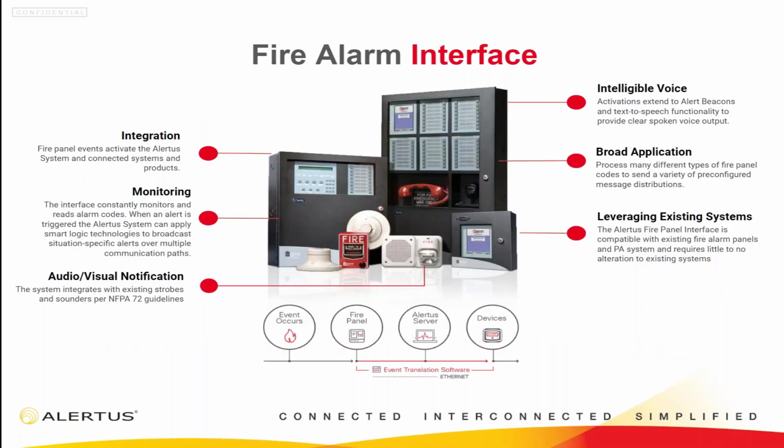And finally, looking at our fire alarm interface integration as well, we're looking to leverage that current infrastructure, and we can do so in one of two ways with the fire alarm interface. We can utilize and leverage the speaker system that is being utilized within that fire alarm interface to get across that clear voice text to speech throughout that facility. But additionally, we can utilize that fire alarm interface as an activation method to trigger the Alert Asst solution.